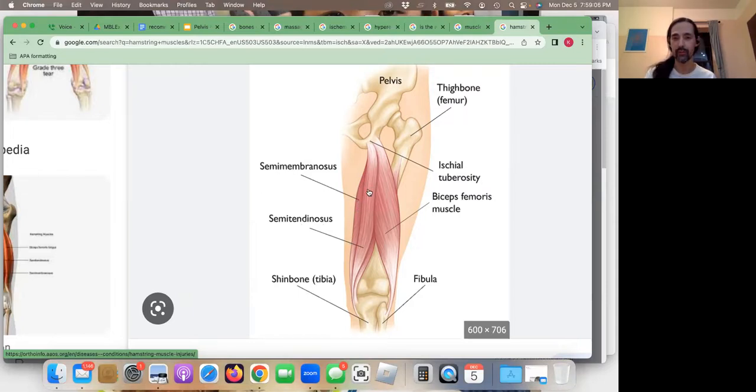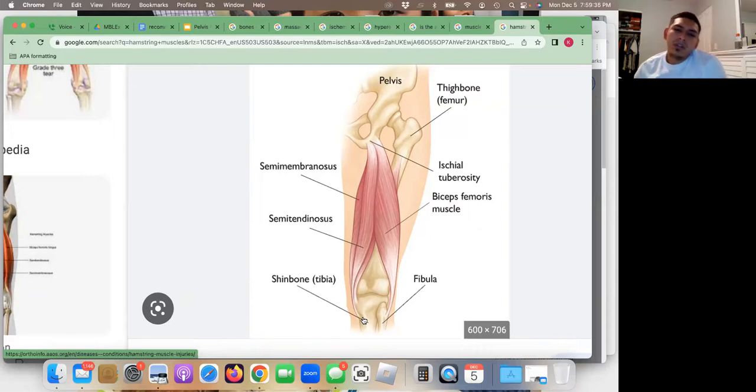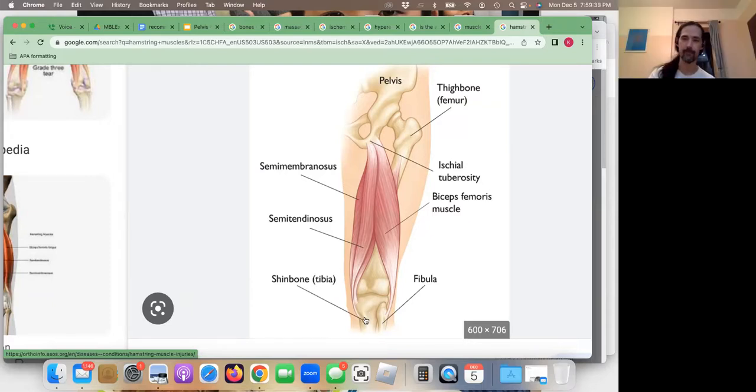So semimembranosus in front and semitendinosus in back. And together you'll notice that they form this attachment at the, what bone is this? So here's the femur, right? That's the long one. Touch your femur now on the back of your thigh. And then below the femur, there are two long bones, and one is the tibia, the second strongest bone in the body. Oh yeah, it's labeled right here, tibia. All right, so anyway, it attaches to the medial or lateral aspect of the tibia, right here, semimembranosus and semitendinosus.